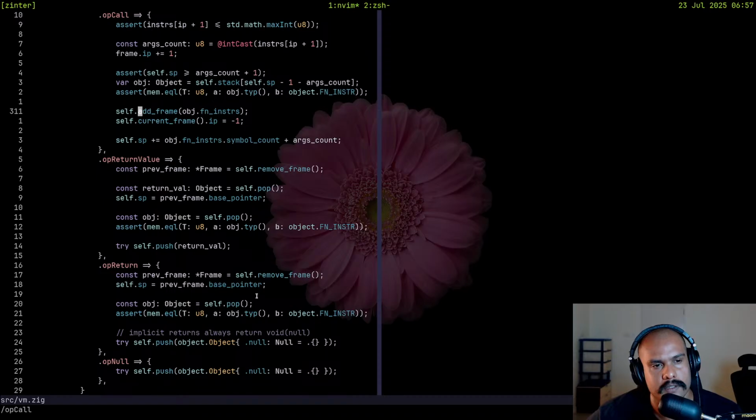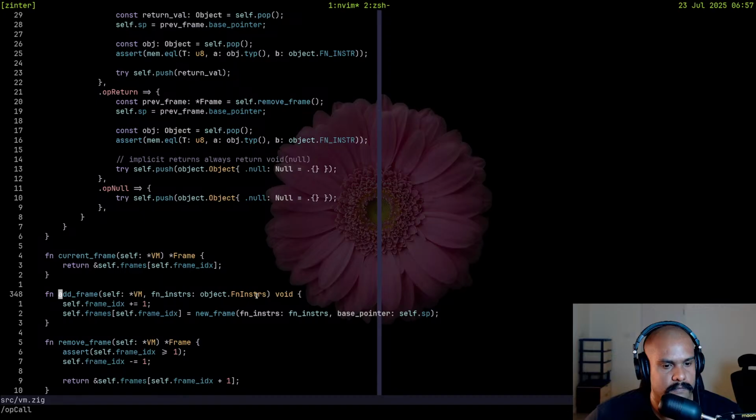The question is that at this point, are the arguments on the stack? Yes, they are. Yeah, because it's function, argument, argument. Okay, yes, the base pointer is totally wrong. So I need to update this. Oh, actually I don't.